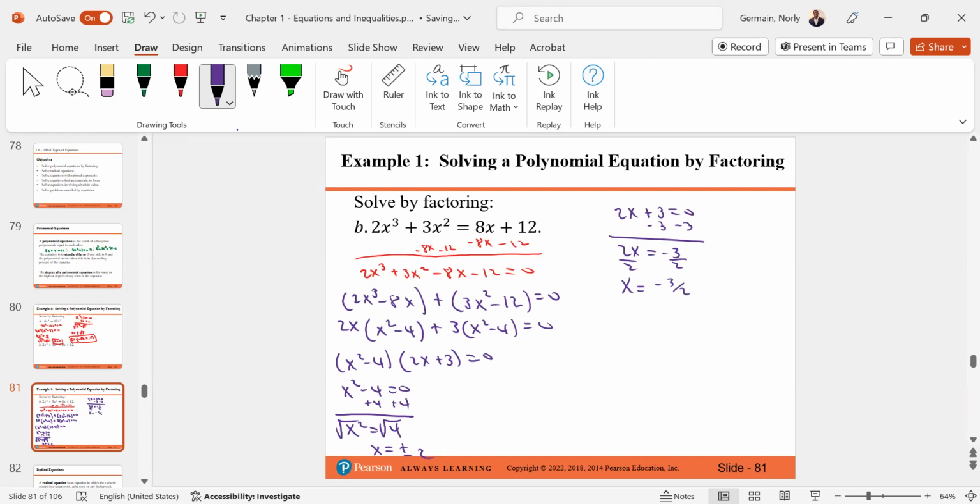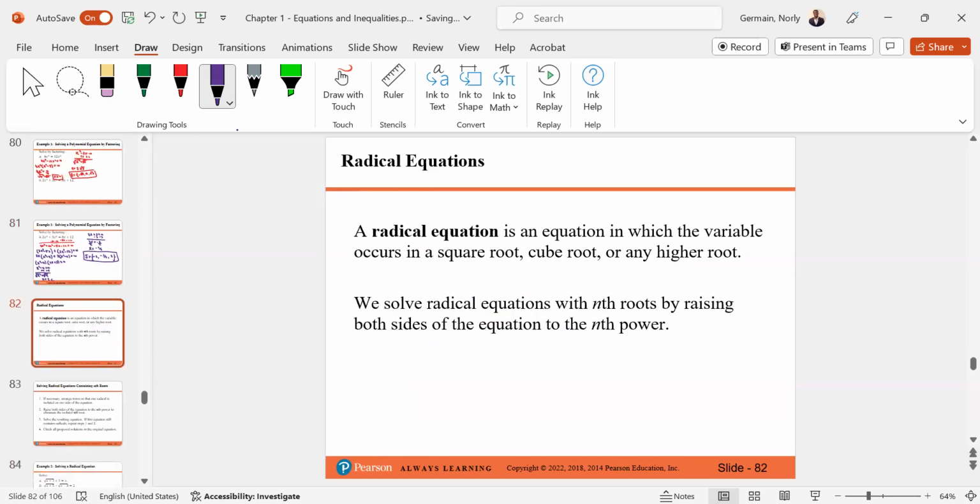All right, what are our solutions? Solutions would be -2, -3/2, and 2, because we have three solutions. We have three solutions because the equation is degree 3: x to the power 3, 3 solutions; x to the power 4, 4 solutions; x to the power 5, 5 solutions, etc. So I hope you understand the mechanisms after that.